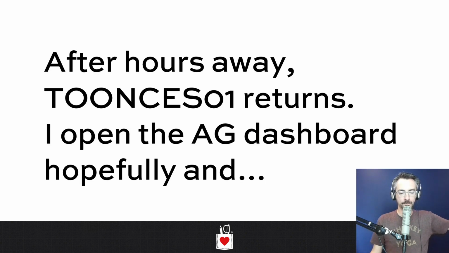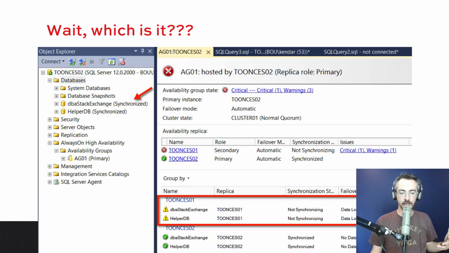I've been troubleshooting like crazy on ToonSys01. I come back much later, and then I look at the AlwaysOn dashboard. On the left side in Object Explorer, ToonSys02 says synchronized. On the right side in Object Explorer Details, over on the availability group dashboard, it says ToonSys01 not synchronizing.